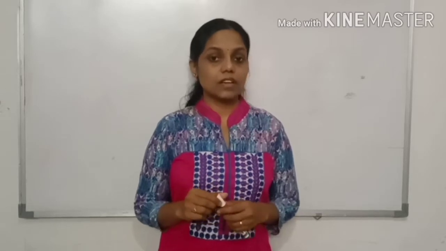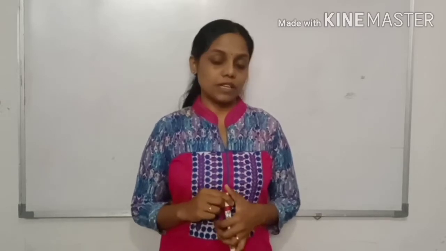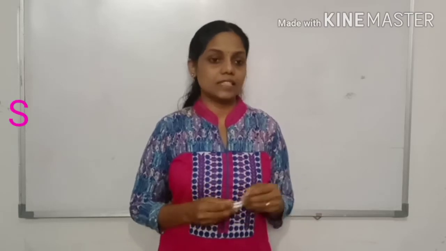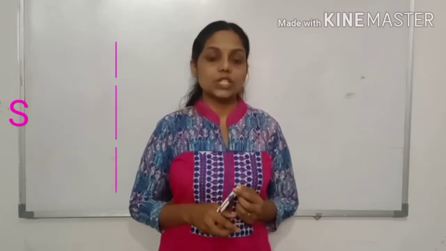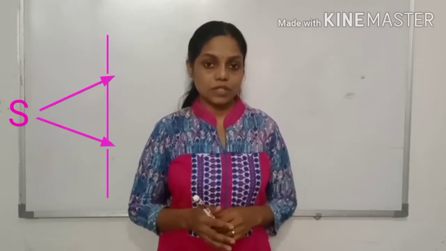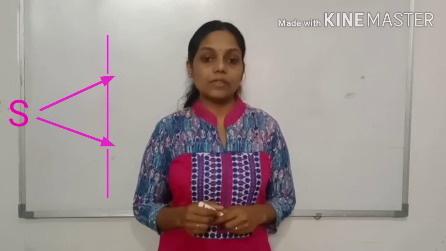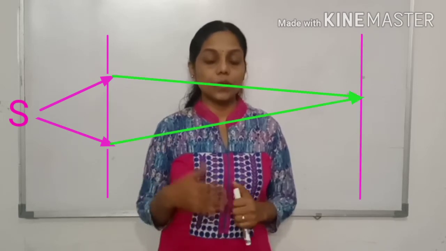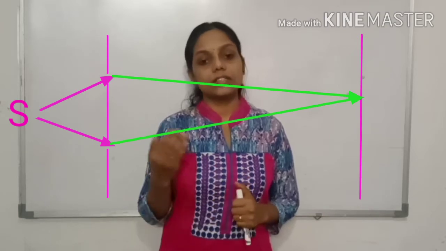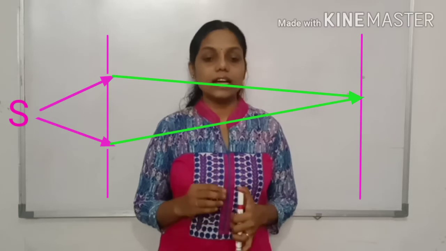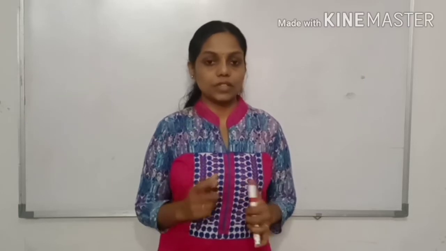In Young's double slit experiment, we have one source of light, and two slits to divide the source into two coherent sources, and a screen to show the interference pattern. We can look at a demonstration of the experimental setup.